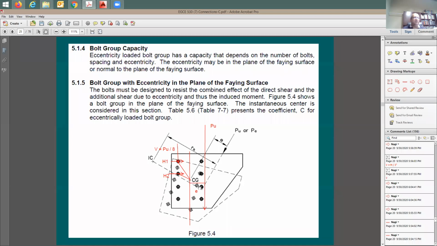One of them assumes that the center of rotation is not changing, which means if you have a group of bolts and you start to rotate it, after rotation the CG is in the same place. Another method says no, this is not exact, and if you like to do more detailed analysis, you need to assume that the CG is changing in location. Now the problem becomes more complex, and we don't want to go through this. We'd like to look at what the code offers us, or the steel manual is offering us.